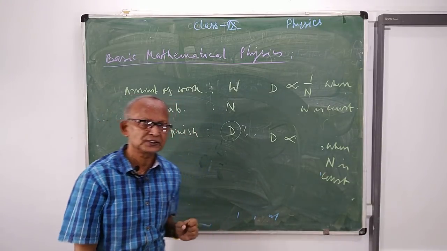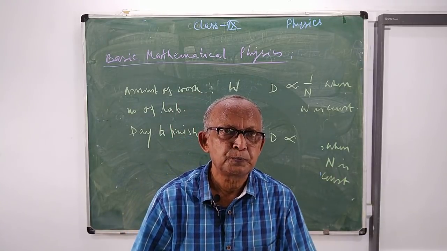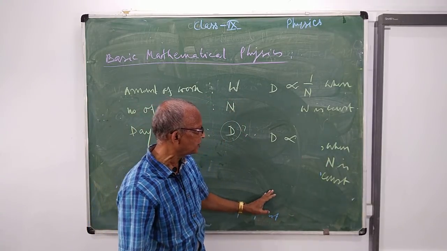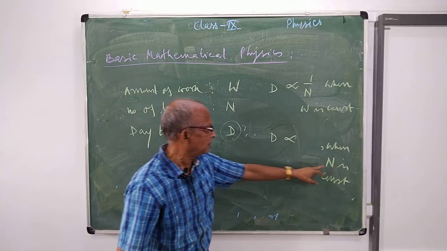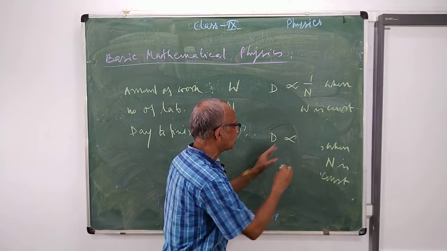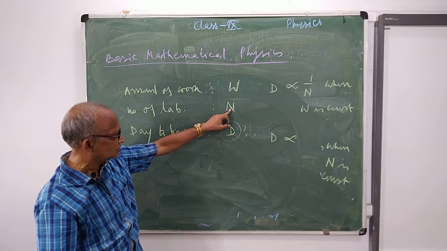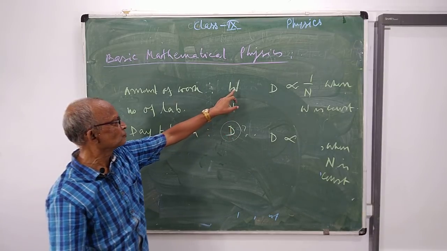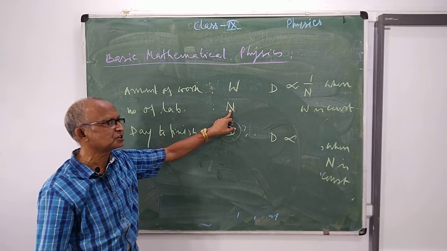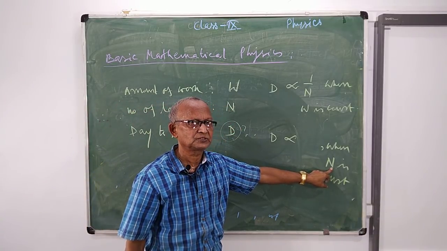How can we explain this? Let us think. Suppose the question is to plow 1 acre of land in 10 days. Sorry, this is in number of labors. 1 acre of land is to be plowed by 30 labors, so the labors will be kept constant.